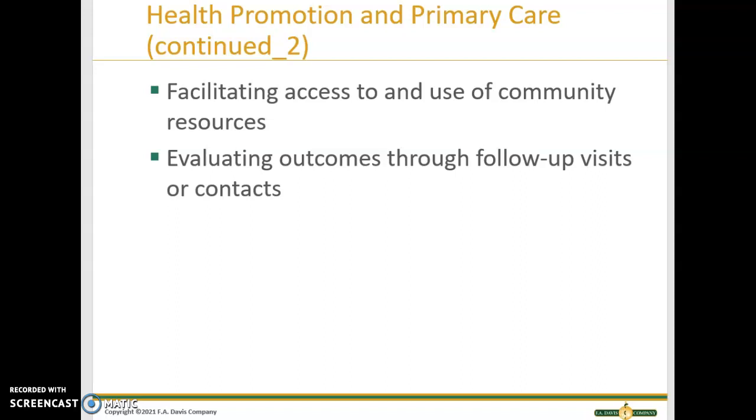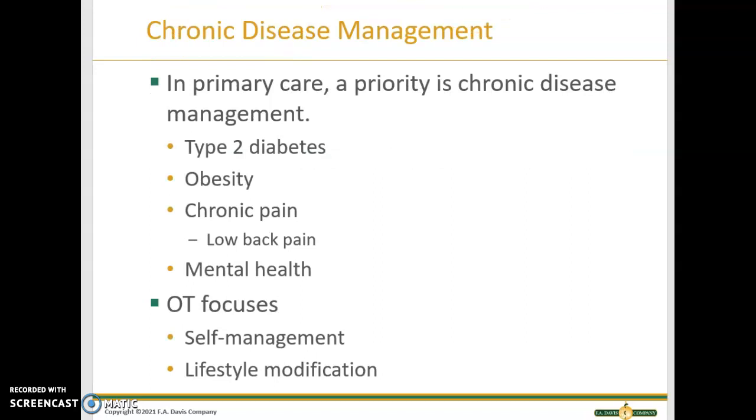visit for follow-up. As we explore chronic disease management, in primary care, a priority is chronic disease. And what we're seeing mostly within this realm is type 2 diabetes, obesity, chronic pain, particularly low back pain, and mental health.